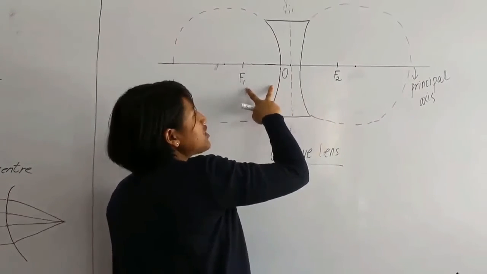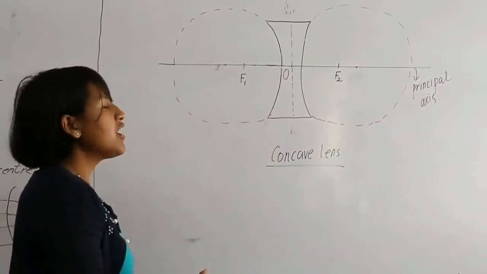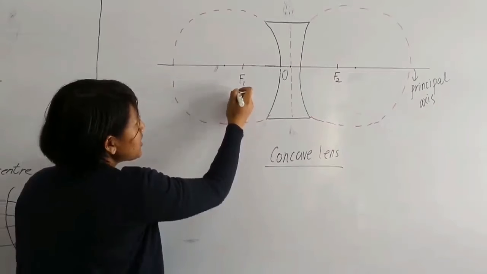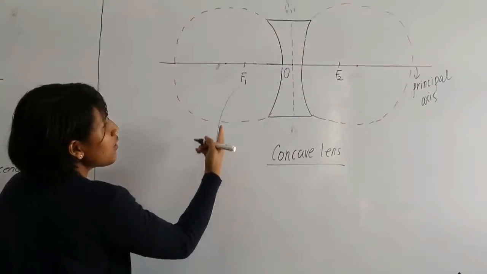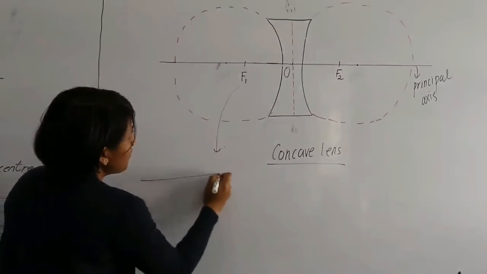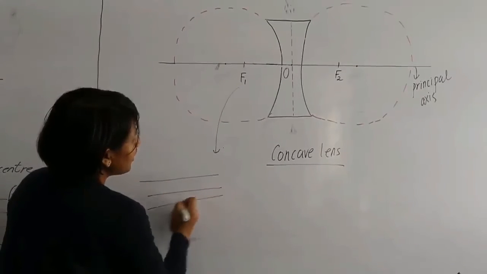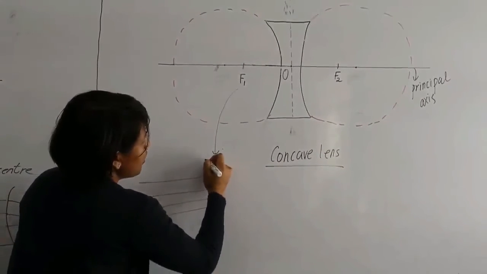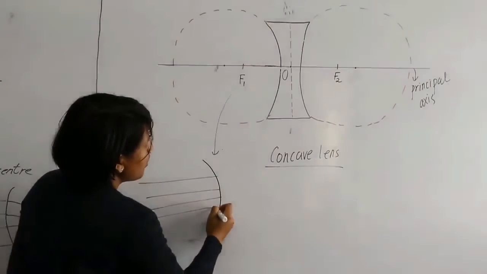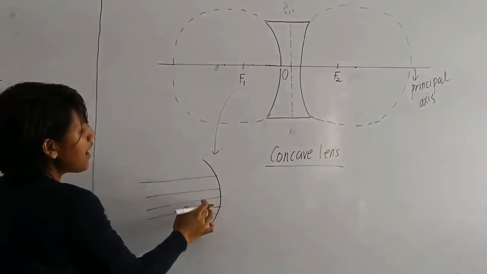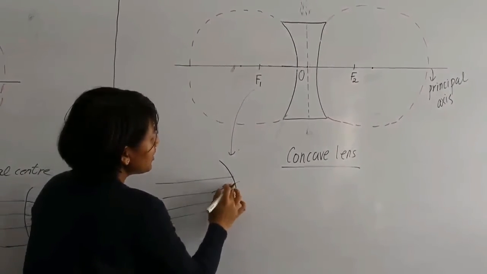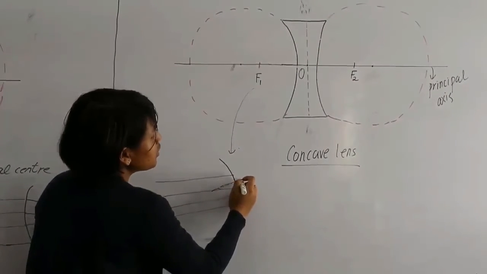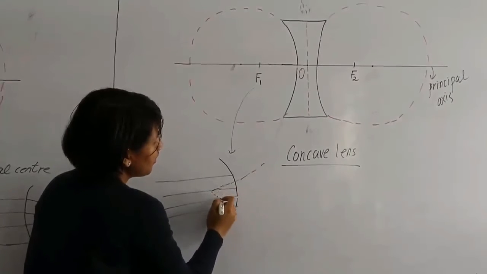Now what is the first principal focus? It is a point where, when parallel rays of light pass through this lens, they will diverge. Diverge means that they appear to meet at this point.